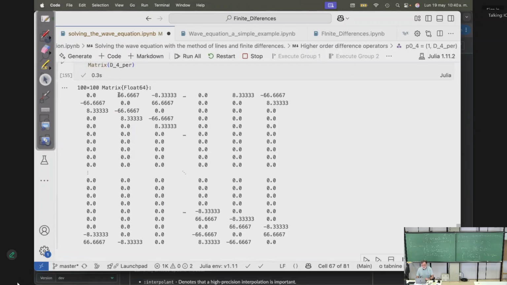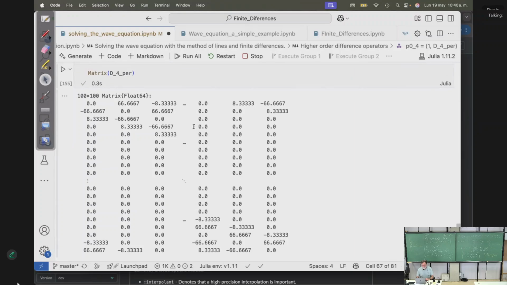And you see, for instance, in this point, I have 8.333 minus 66 here, 0. This is the second point. I mean, a stencil like this, it has the plus and the plus 8 and minus 8, which is this one. These are the 4 numbers.